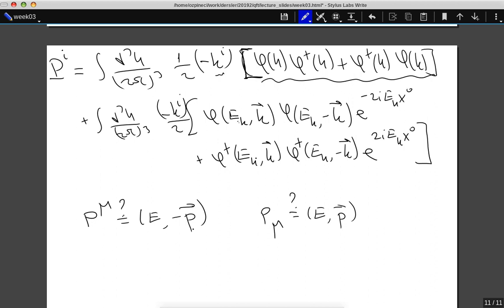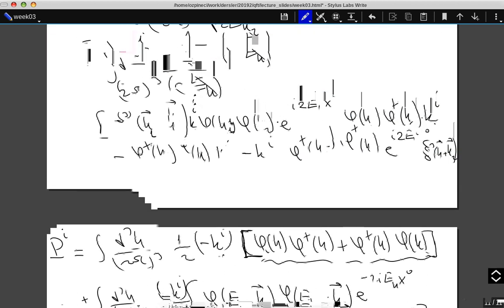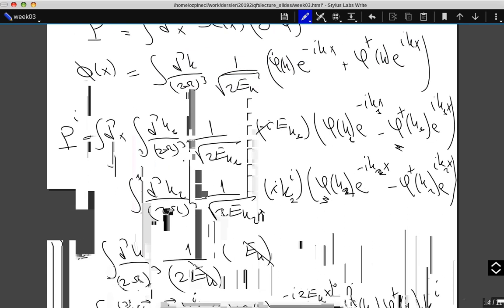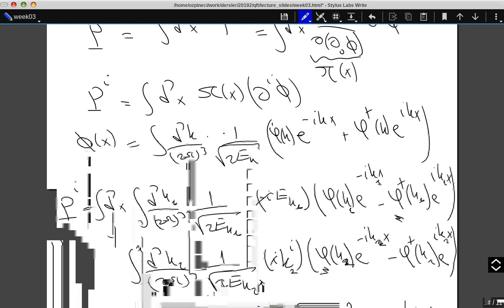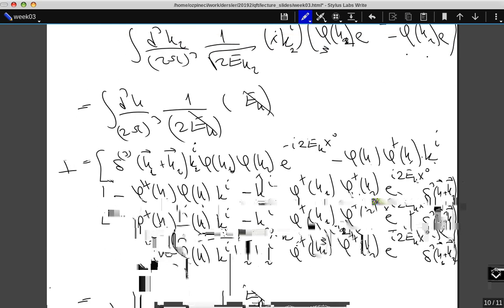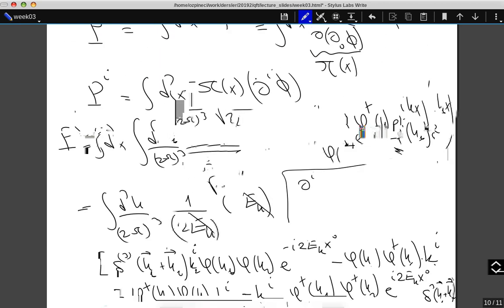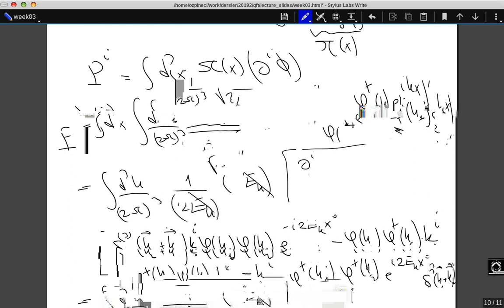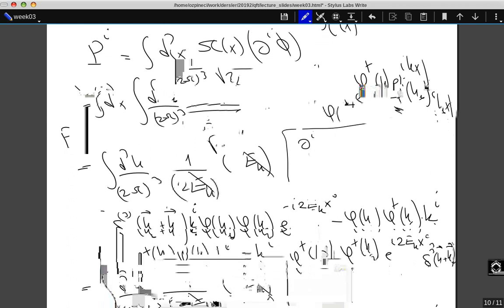So that's why I don't worry about that much. And now where does that come from? You see here del i phi is actually del over del xi phi.